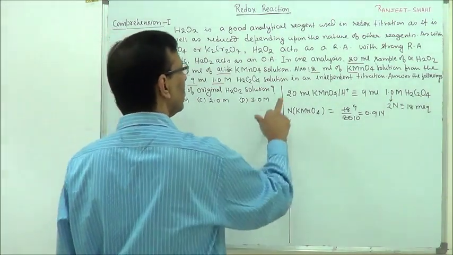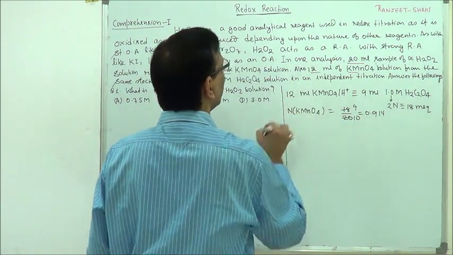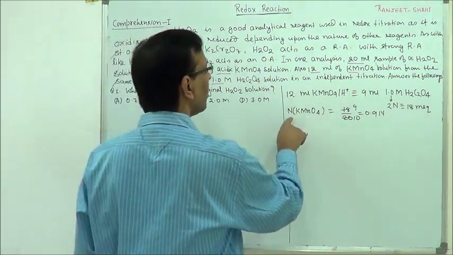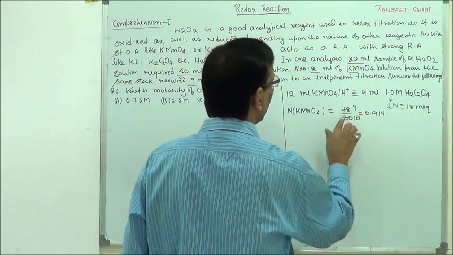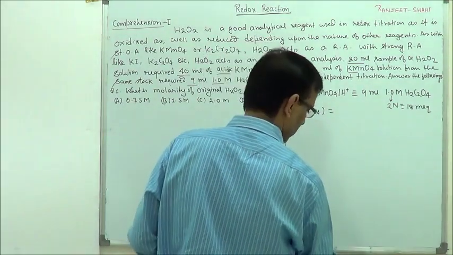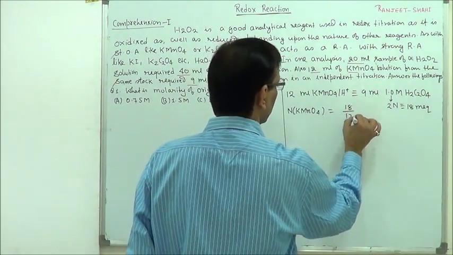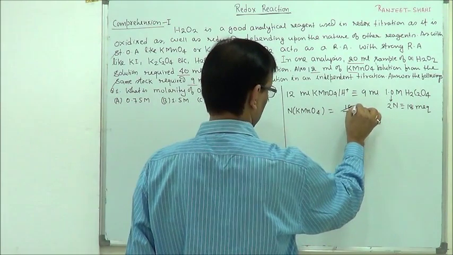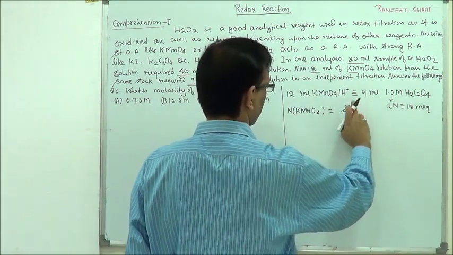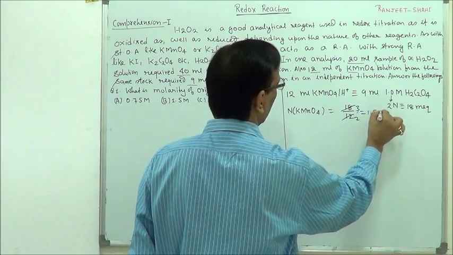So it is not exactly 20, it is 12 ml. So normality of potassium permanganate will be 18 divided by 12. Let us correct it. 18 divided by 12, so 1.5 normal.